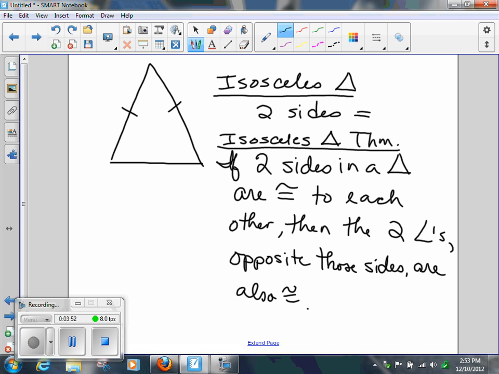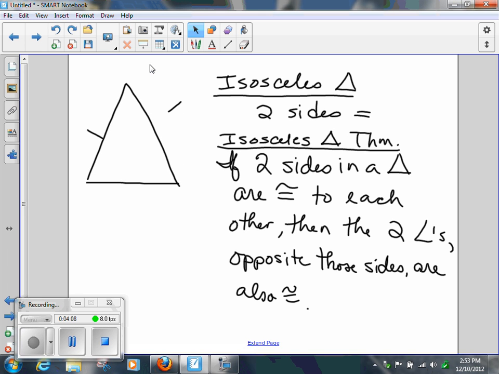Now, what in the world does that mean? Could I take this picture of this triangle, if I were to extend those two congruent marks, where would they go? Let me name these points.